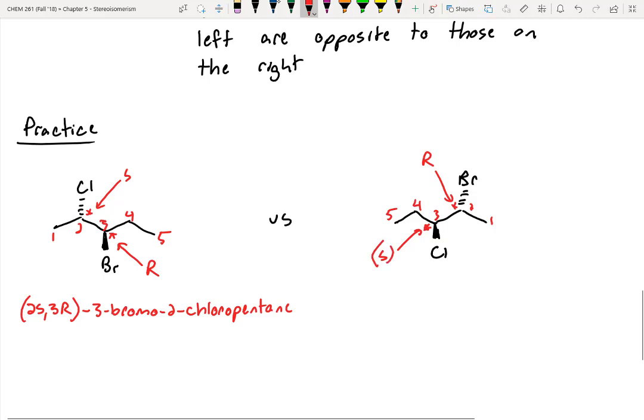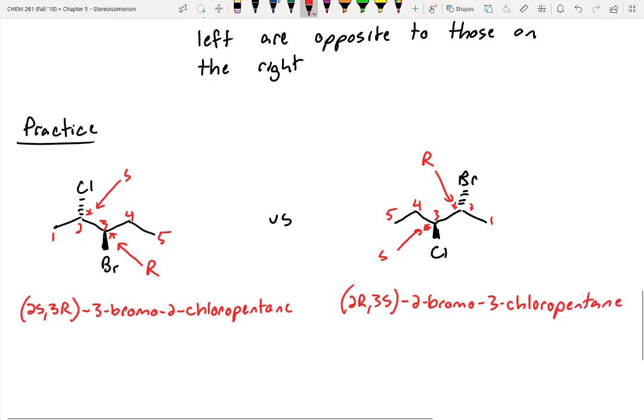All right, so for this one, we could go ahead and name this just like before. Let me clean this up. So this would be 2R, 3S, 2-bromo, 3-chloro, pentane.